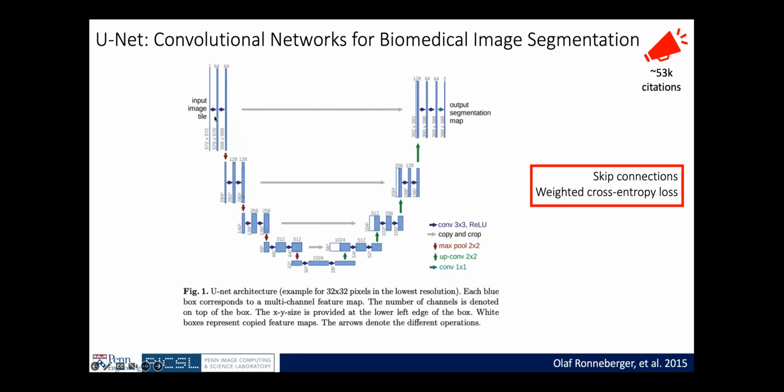These are essentially convolution layers stacked on top of each other, but in an autoencoder fashion. And these are something called skip connections, which probably are the most important addition to the network.